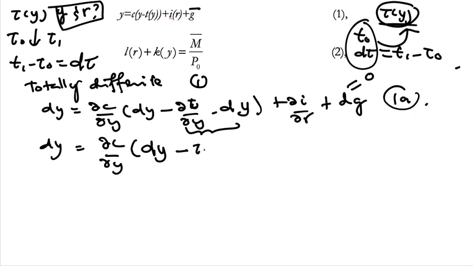We have initial tax multiplied by the change in Y. Let me put a square bracket first. I'm doing total differentiation for tax here, plus initial Y and the change in tax. Can you see?